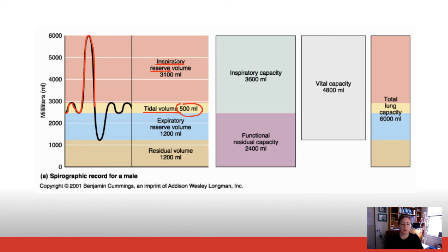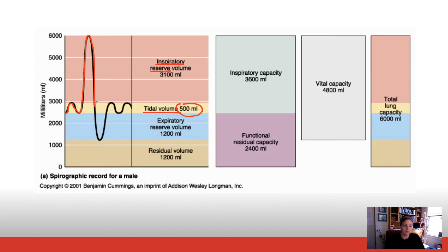Okay, so on the flip side of that, we can also ask patients, they're hooked up to their spirometer, and we can say, I want you to breathe out as much air as you can, out past your normal breath out. How much air can you breathe out in total?